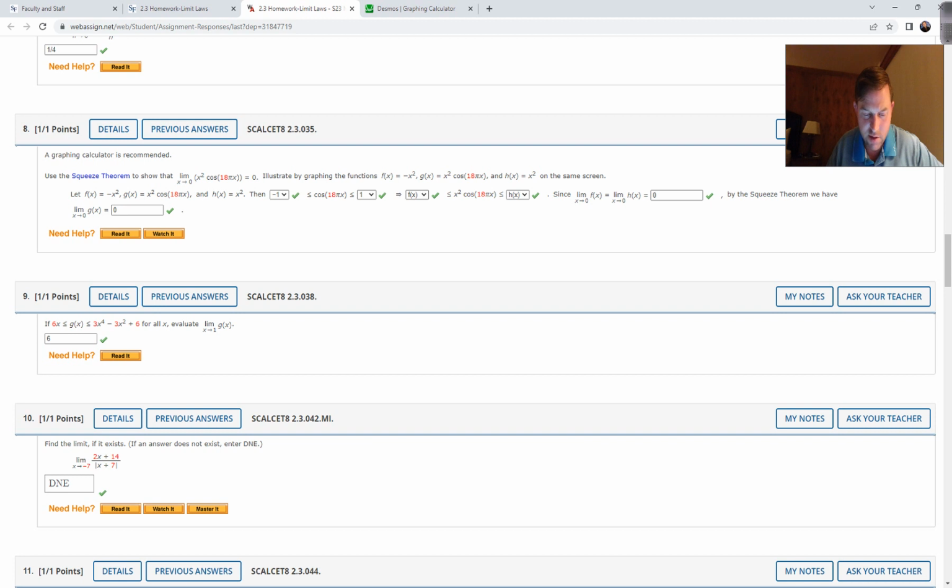At least, negative x squared. That was f of x. And at most it will be smaller than positive x squared. So this line just says that this x squared cosine 18x, the blue one, is in between red and green. Okay, and then since those two both have limits approaching 0, then so does the middle function by the squeeze theorem.